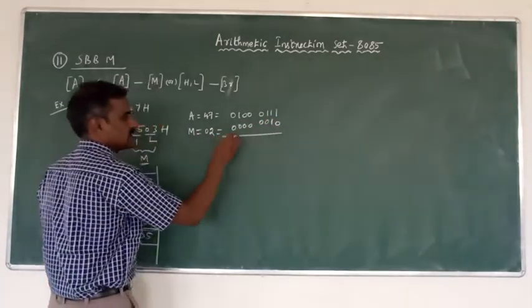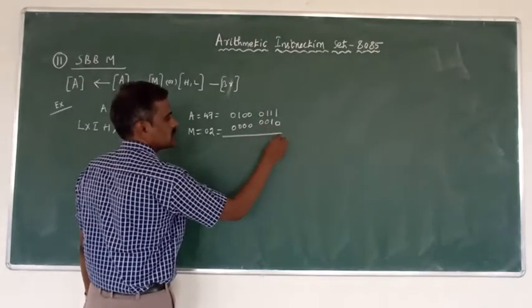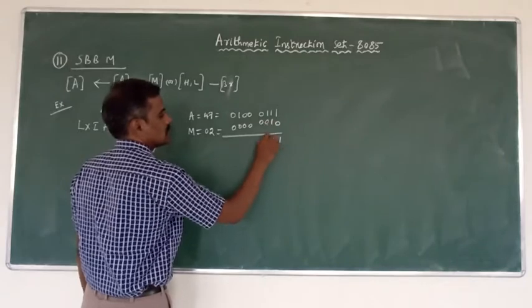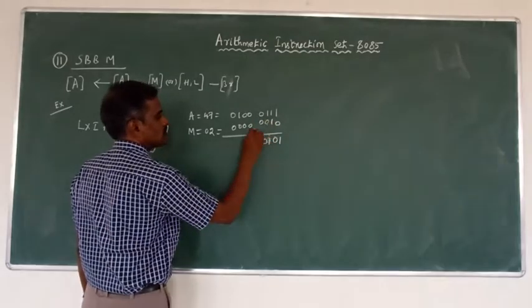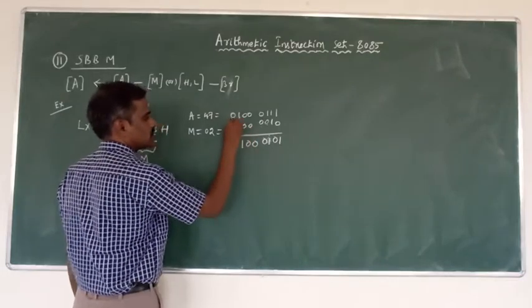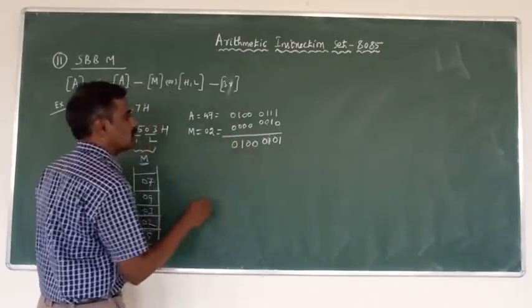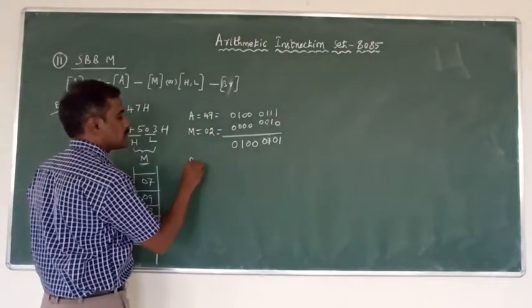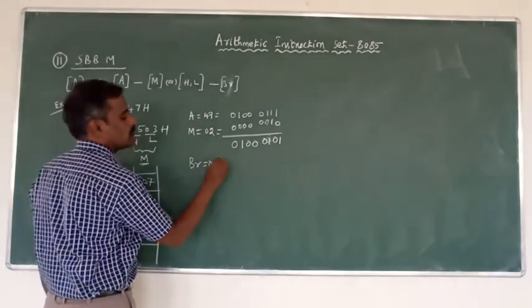Now to subtract these two: 1 minus 0 is 1, 1 minus 1 is 0, 1 minus 0 is 1, 0 minus 0, 0 minus 0, 0 minus 0, 1 minus 0 is 1, 0 minus 0. This result is subtracted with the borrow. Suppose borrow equals 0.